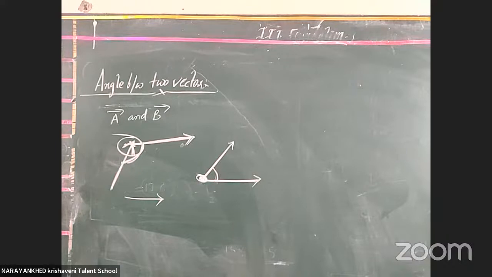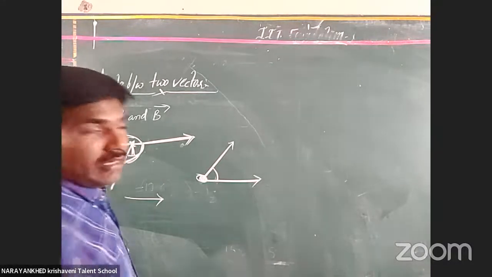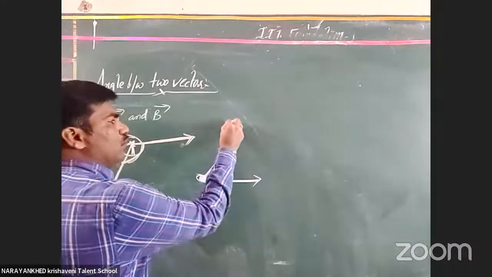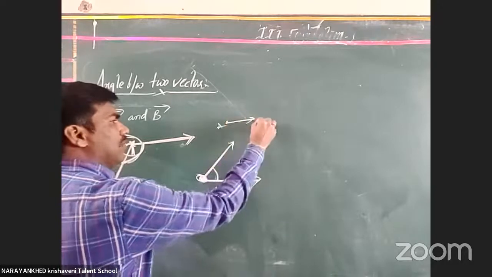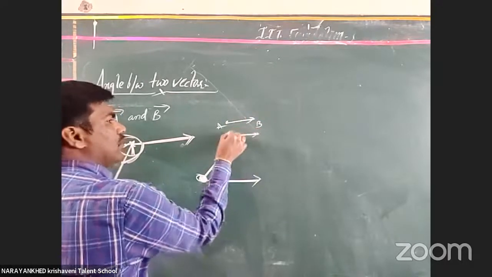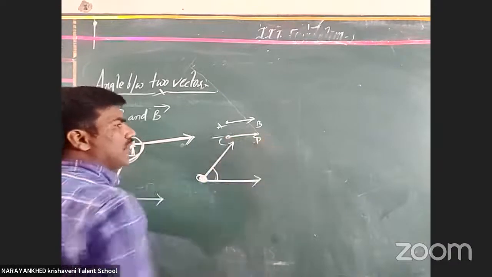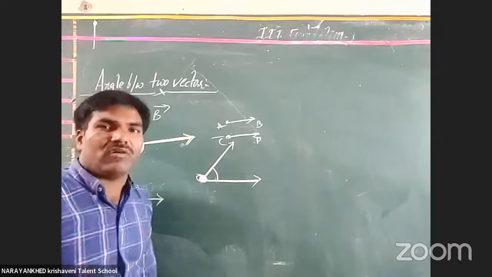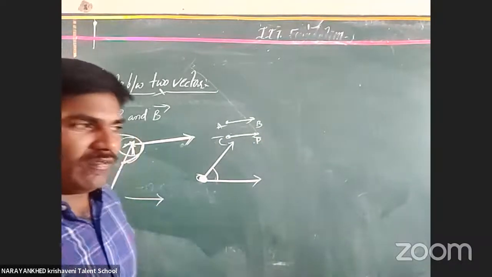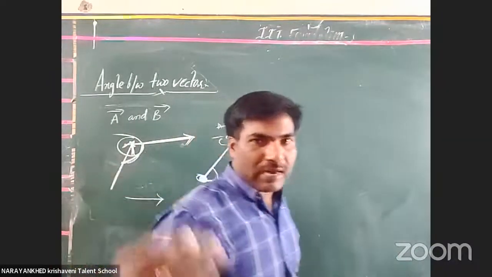In this way we take the angles between two vectors. I hope you got it. When two vectors A bar and B bar are given, what is the angle between A bar and B bar, and C bar and D bar? We should make a connection of the two vectors, otherwise they are called parallel.